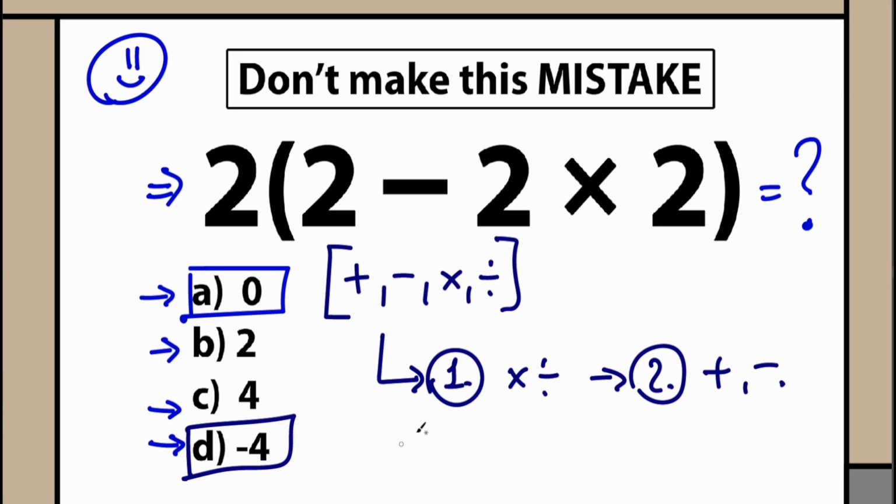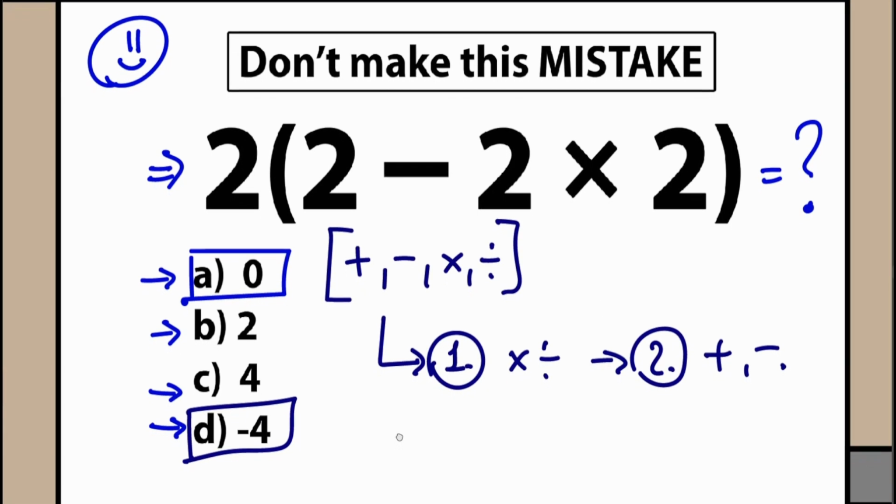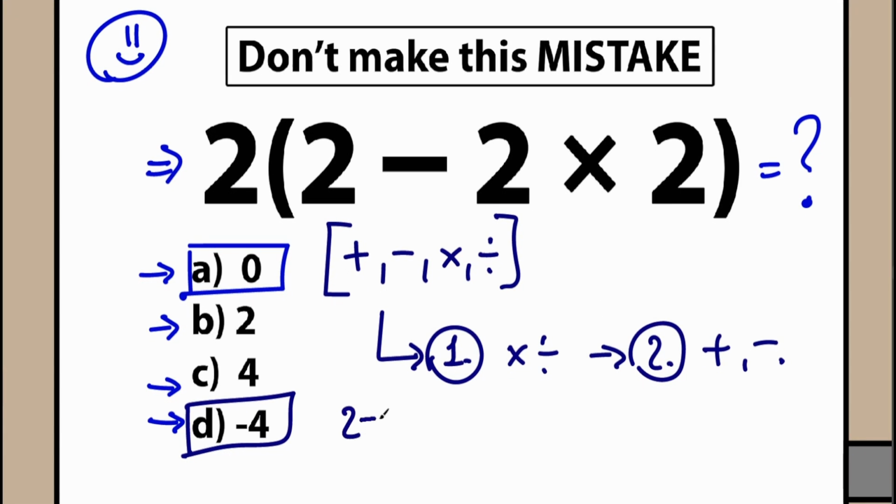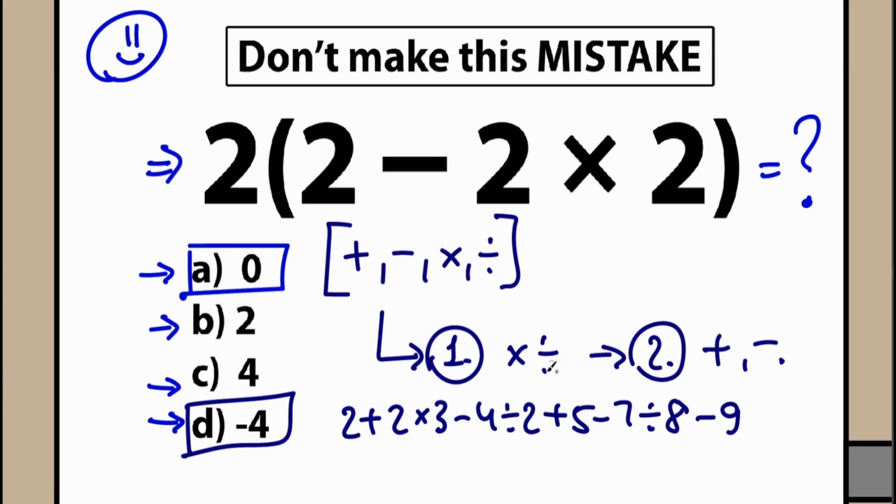Okay, so let's solve a quick example. For example, we have 2 plus 2 divided by, times 3 minus 4 divided by 2 plus 5 minus 7 divided by 8 minus 9. Whenever we have a complicated expression, this mixture, we need to evaluate it in a strict order from left to right. But first of all, we need to evaluate the multiplication and division, and then addition and subtraction.